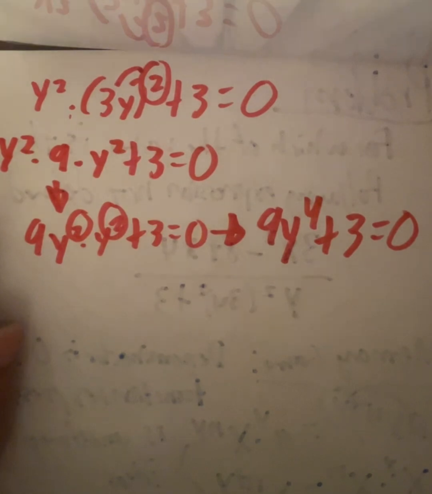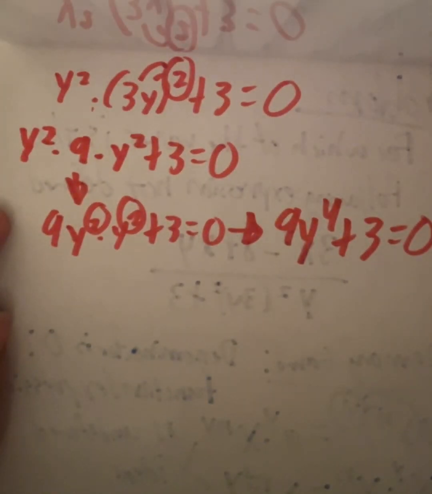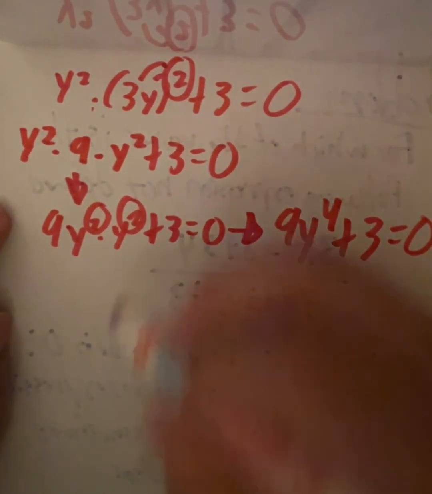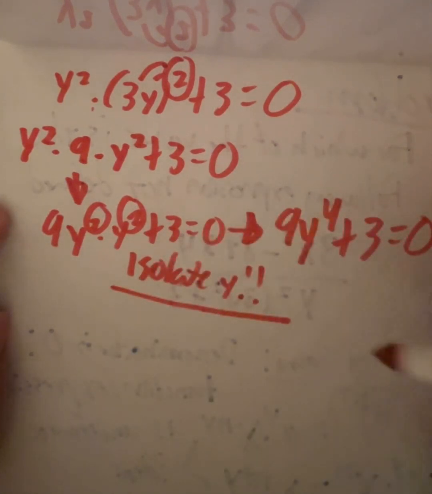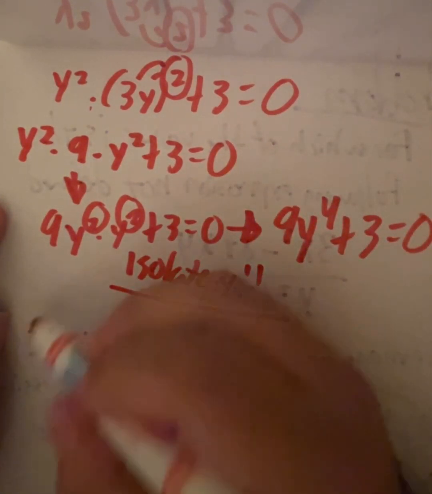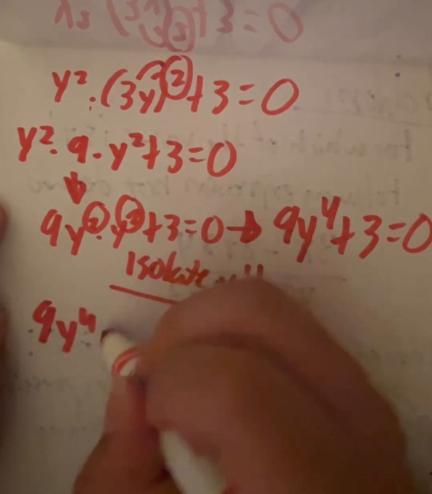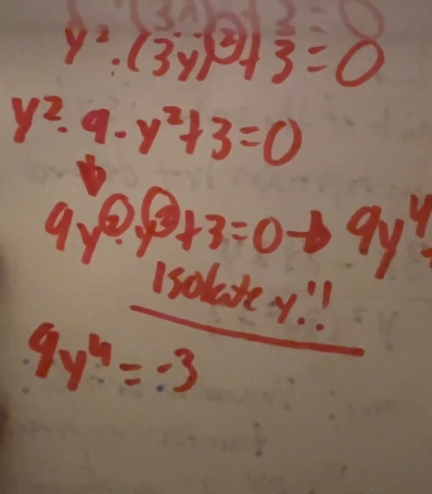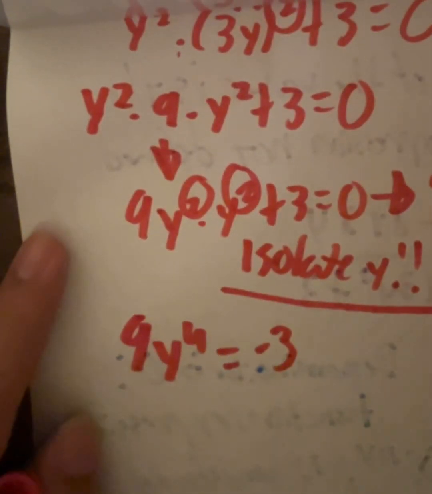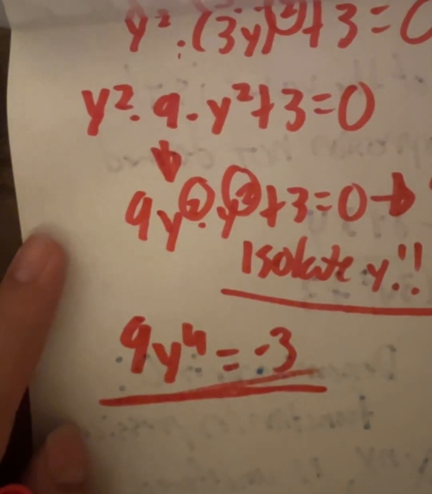Our next step is to isolate y. We can do this by subtracting 3. This is what we have so far when we subtracted our 3.